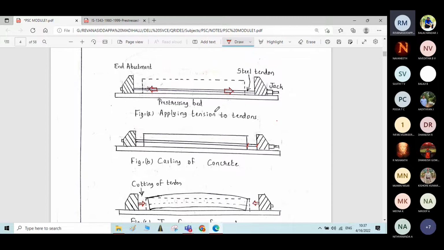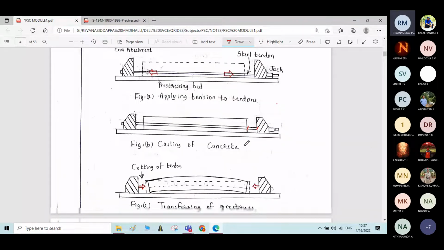There may be loss of prestress due to friction, loss of prestress due to relaxation of steel. There are so many reasons for which the loss of prestress takes place. Doing 100% prestressing is practically a difficult task. Around 5 to 6 types of losses of prestress will take place.